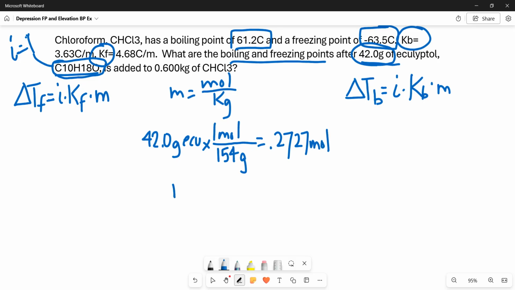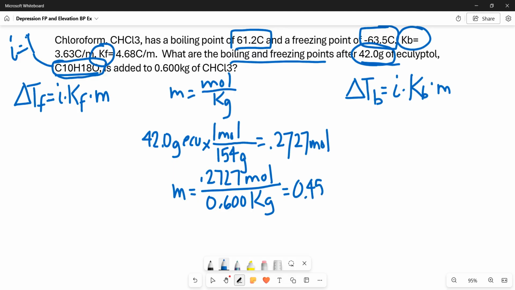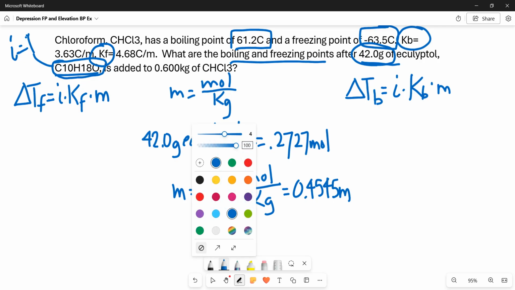Now the molality is going to equal that 0.2727 moles divided by the kilograms of solvent, which is going to be 0.600 kilograms of the chloroform. So our molality is going to come out to be 0.4545 molal. Okay, so that's going to be an important thing for us to use.